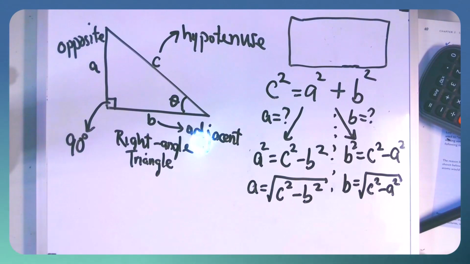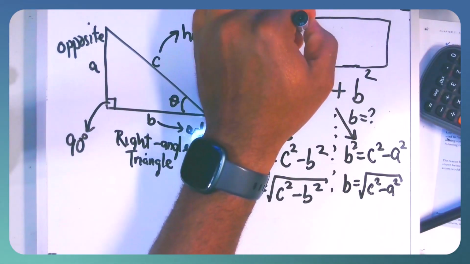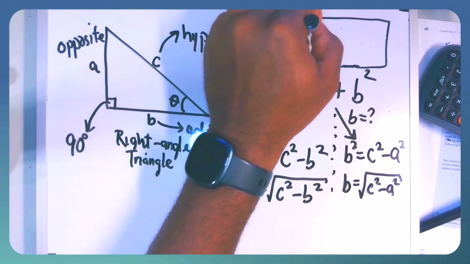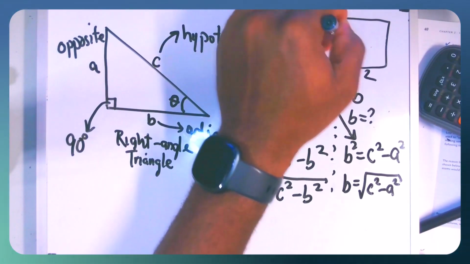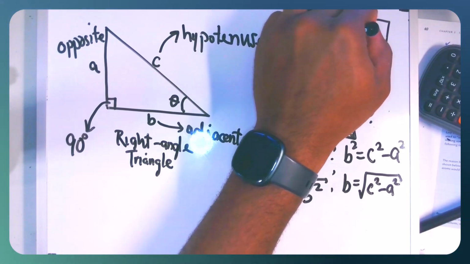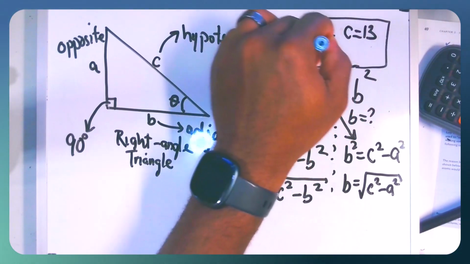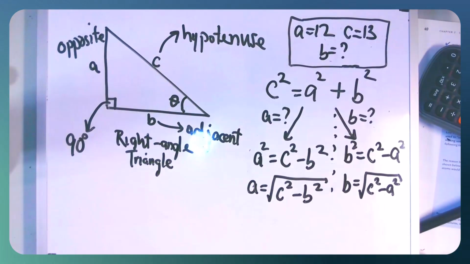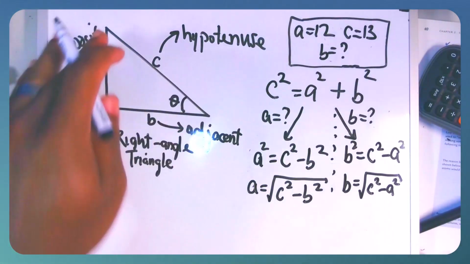Let's look at an example where A is equal to 12 and C is equal to 13, and we're asked to find the value of B. Take note that this is not drawn to scale.